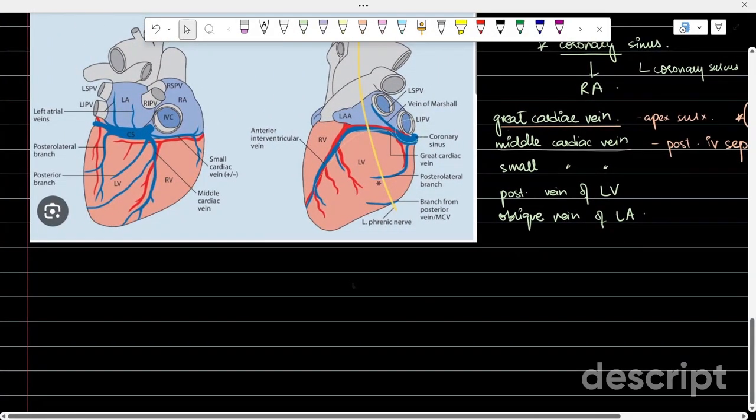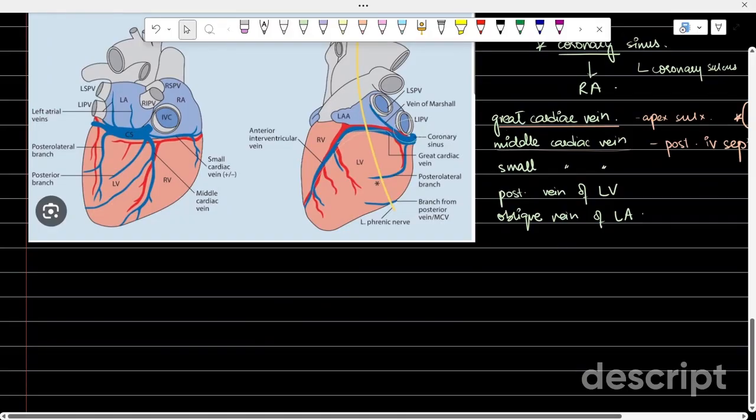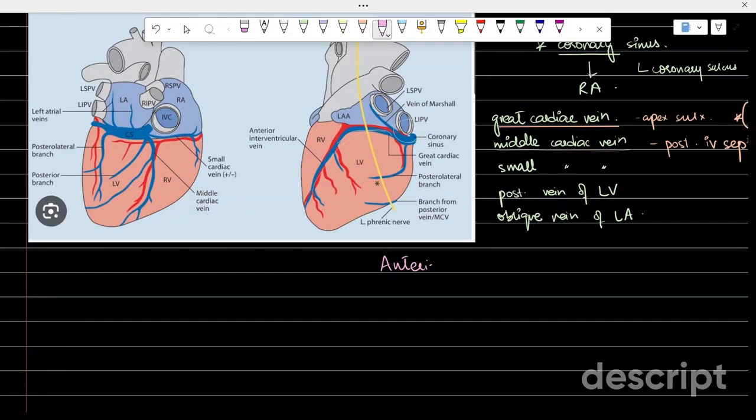Now coming to another important vein, which is the anterior cardiac vein. The anterior cardiac vein does not drain into the coronary sinus. However, it drains the ventricle directly into the atrium. We are talking about the right ventricle.